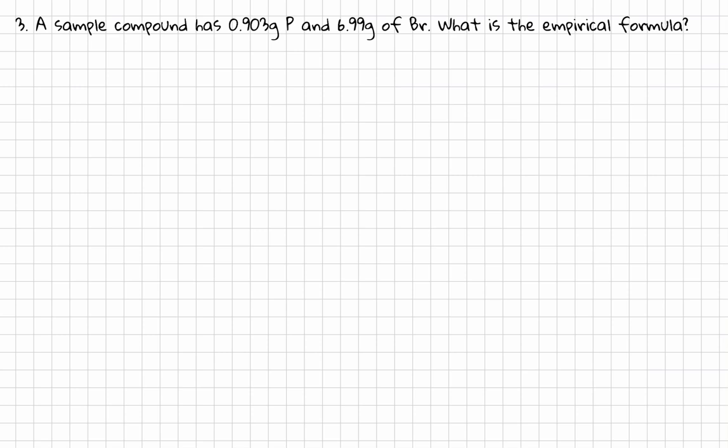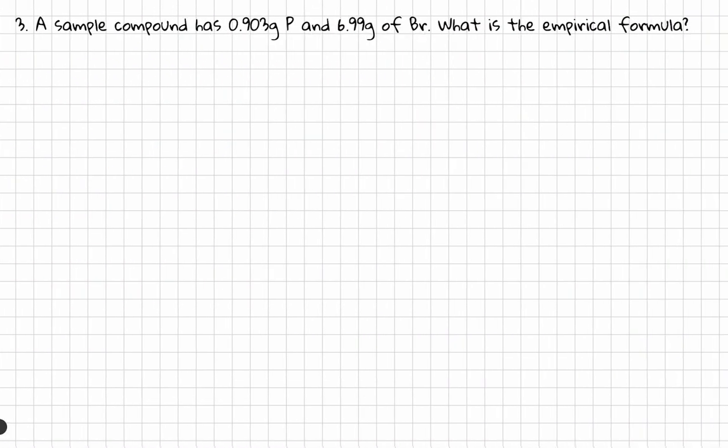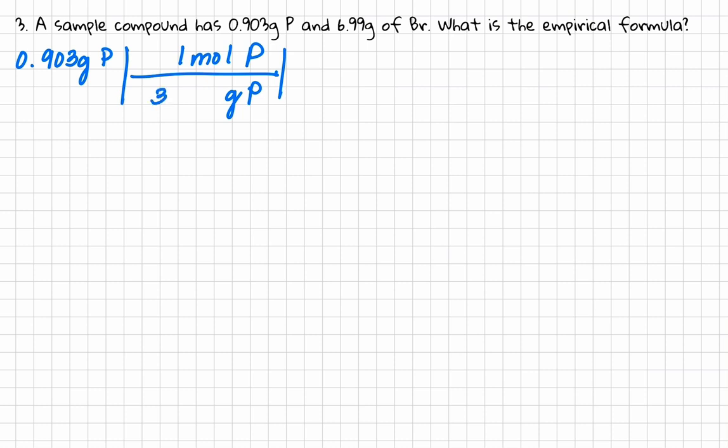We are going to go from gram to mole, because here we have grams. 0.903 grams of phosphorus, I'm going to go to moles, so grams of phosphorus at the bottom, 1 mole of phosphorus at the top. Periodic table states it to be 30.974. Doing that math is 0.029 mole of phosphorus.